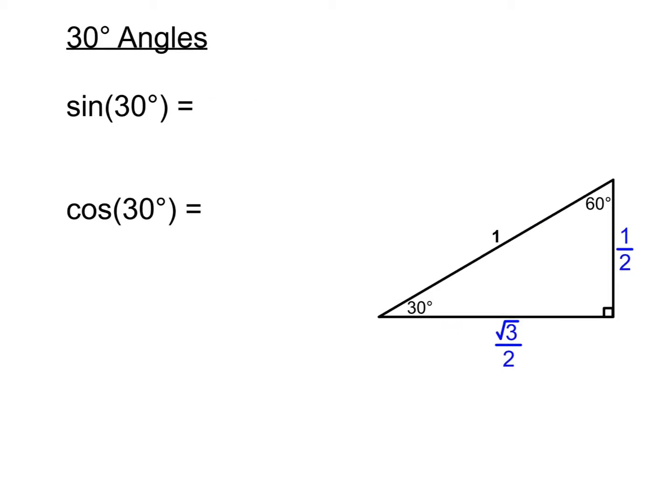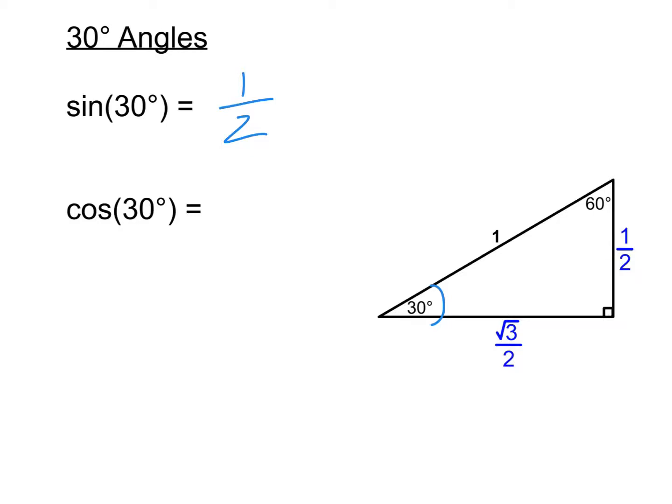I'm just turning my triangle over so that it looks the same way as it does when we see it in the unit circle. So sine of 30 degrees. What is the sine of 30 degrees going to be? Opposite over hypotenuse, right? So 1/2 over 1 is a half.